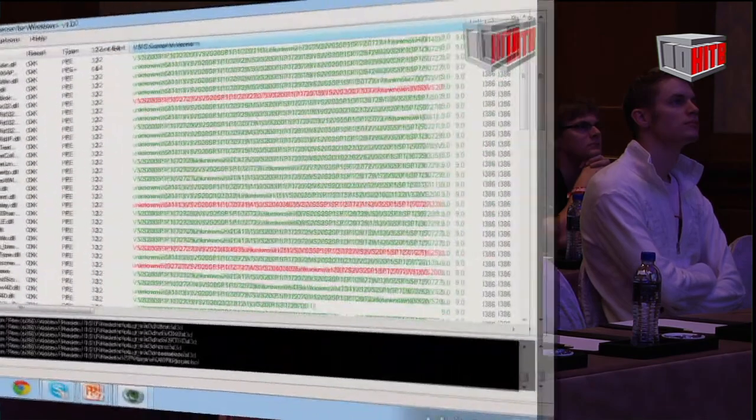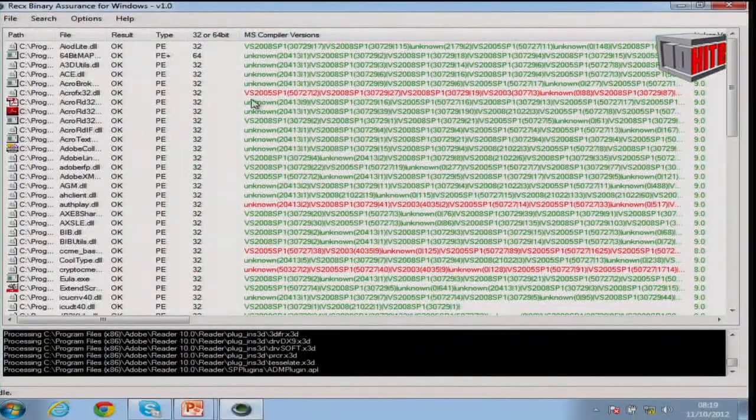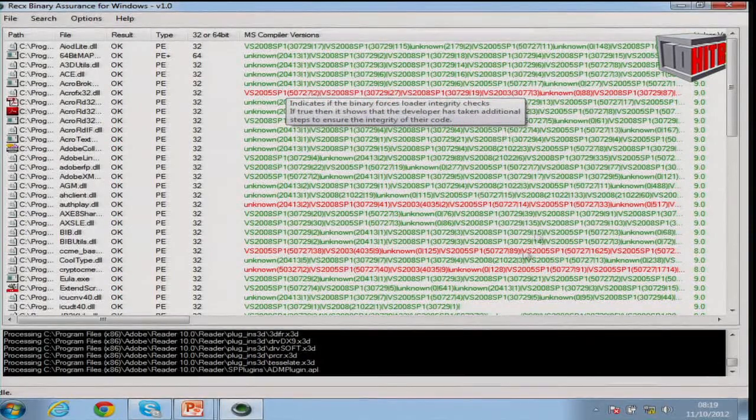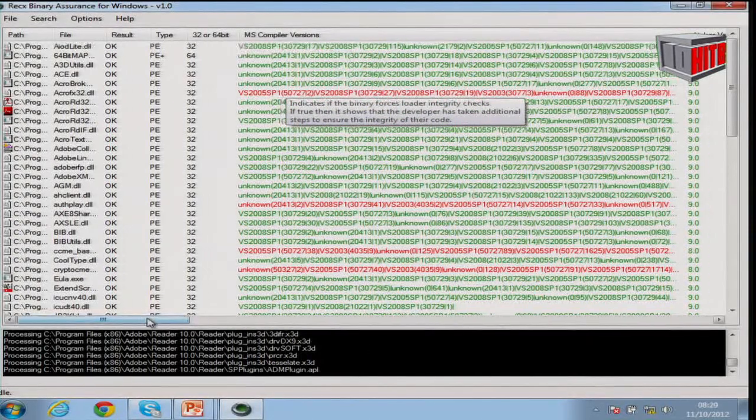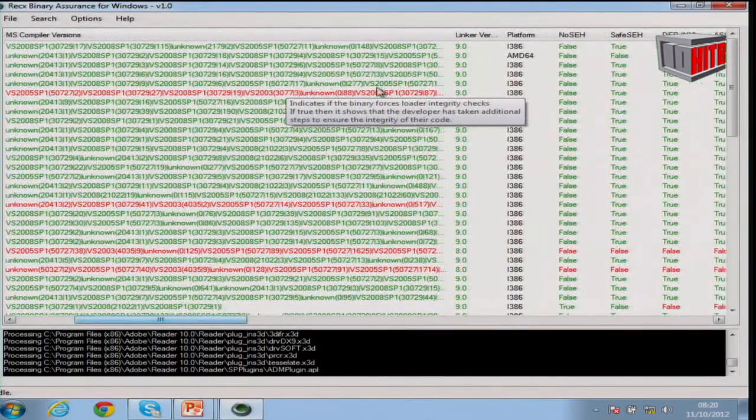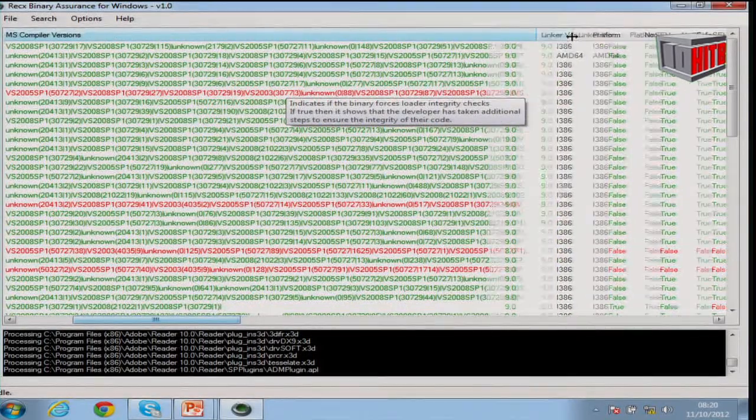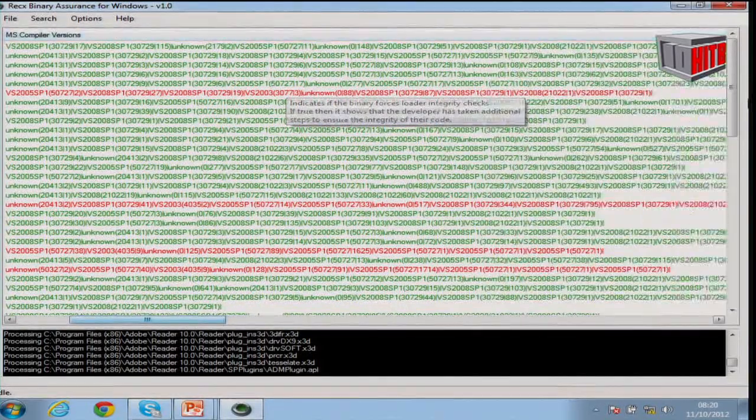While it's running, effectively what we see is the path, the file name, whether or not it parsed it correctly, and whether it's a 32-bit or 64-bit version. Then we can see the compiler versions that I discussed. Here we see Visual Studio 2005 SP1, that's all good. The fact that it's red must mean that there is an earlier version somewhere along the line.